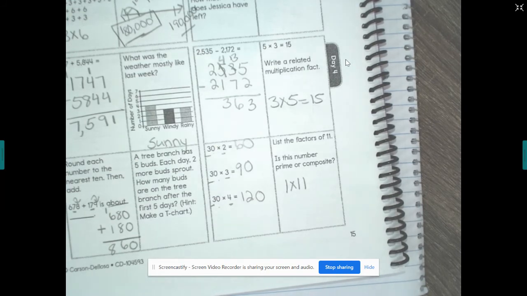I'm thinking to myself, is there any other numbers that I can multiply to get 11? And I can't think of any. 2 doesn't work, 3 doesn't work, 4, 5, 6, 7, 8, 9, and 10 don't work. So when we have a number with only 2 factors, 1 and itself, we call this number a prime number. So 11 is a prime number.